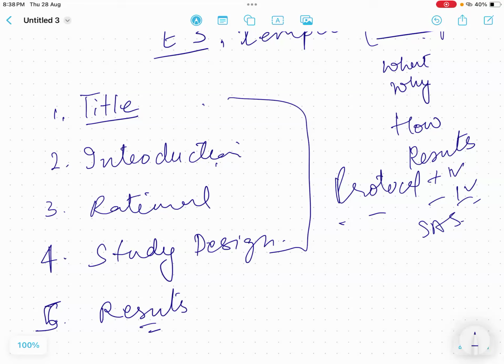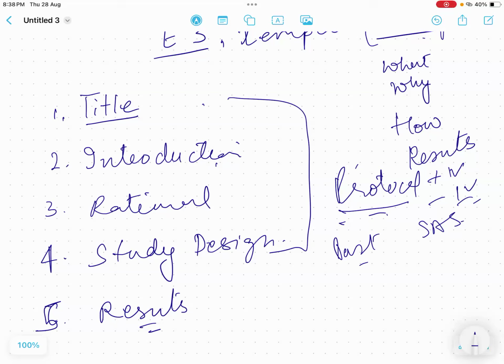So sometimes people say that preparing a clinical study report is a difficult task, but it is not difficult, because a lot of data we take from the protocol. There is only one change we make. Protocol we always write in the present tense, and CSR we write in the past tense because it is a report, right?